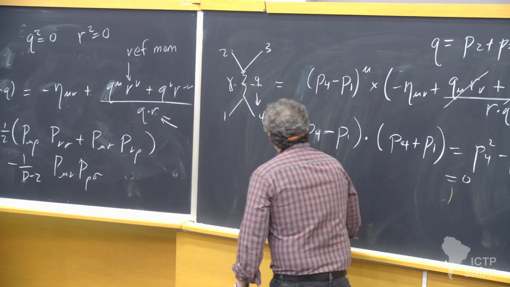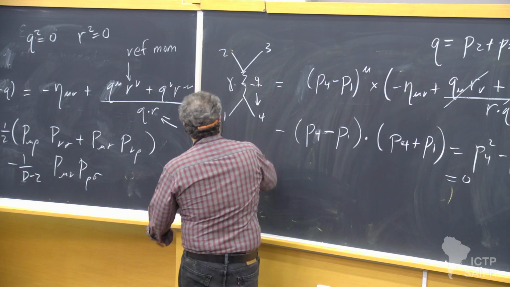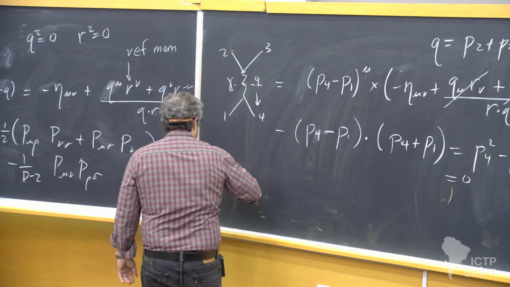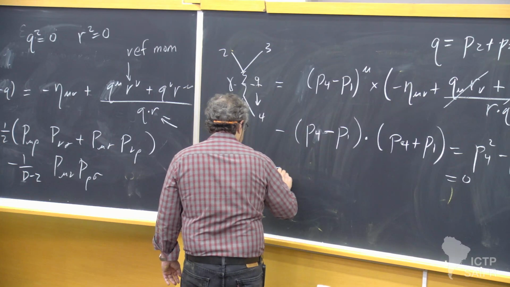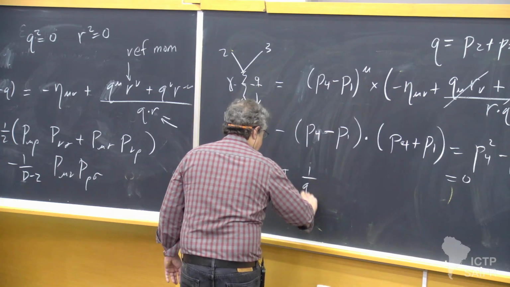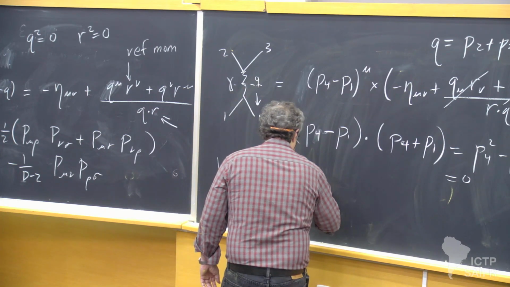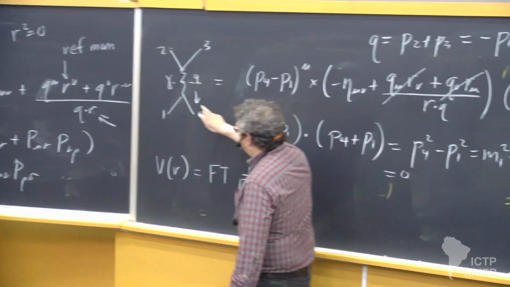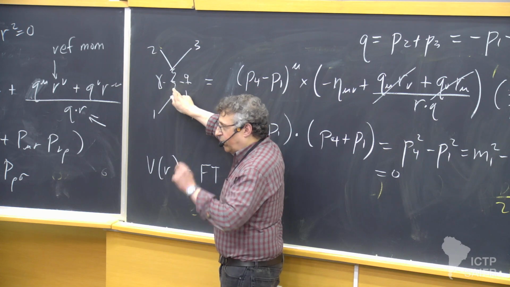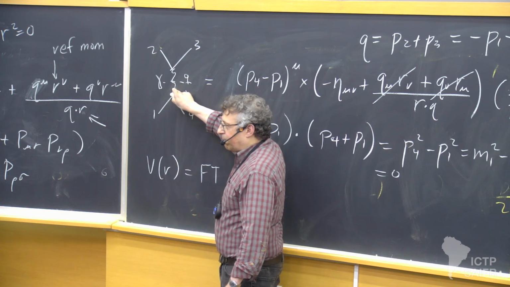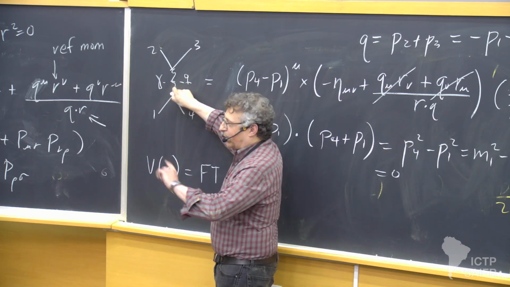Okay, so as you know, the potential, that V of R, the place it comes from is the Fourier transform of the 1 over Q square, right? So what you really need is the residue of that pole. And that residue you get on shell. But then we don't talk about the potential.